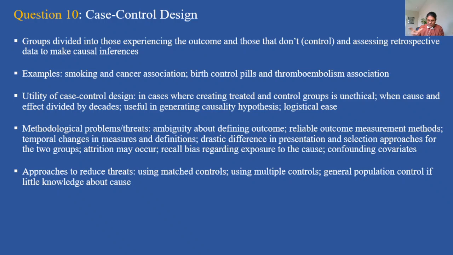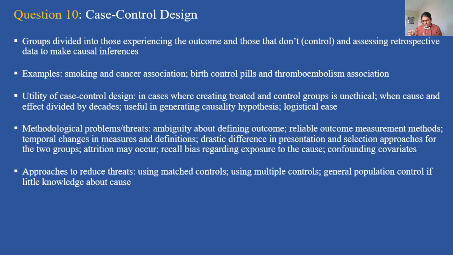When such a huge time gap is present, case control design helps in assigning the causal inferences. It is considered resourceful in generating hypotheses about causality, and these designs are logistically cheaper and risk to participants is minimal.